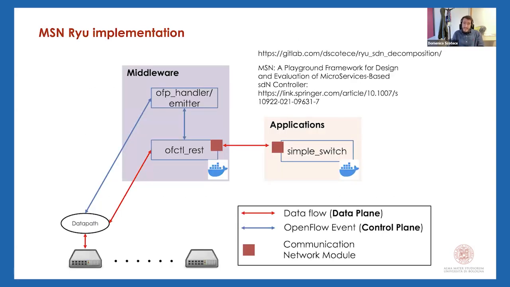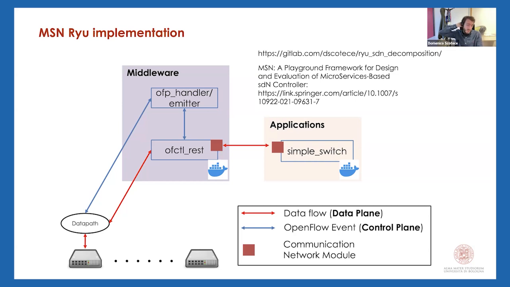This is actually the implementation that we used. We leverage Ryu. I don't know if you are familiar with Ryu. Ryu is an SDN controller written in Python. Okay, it's very simple.